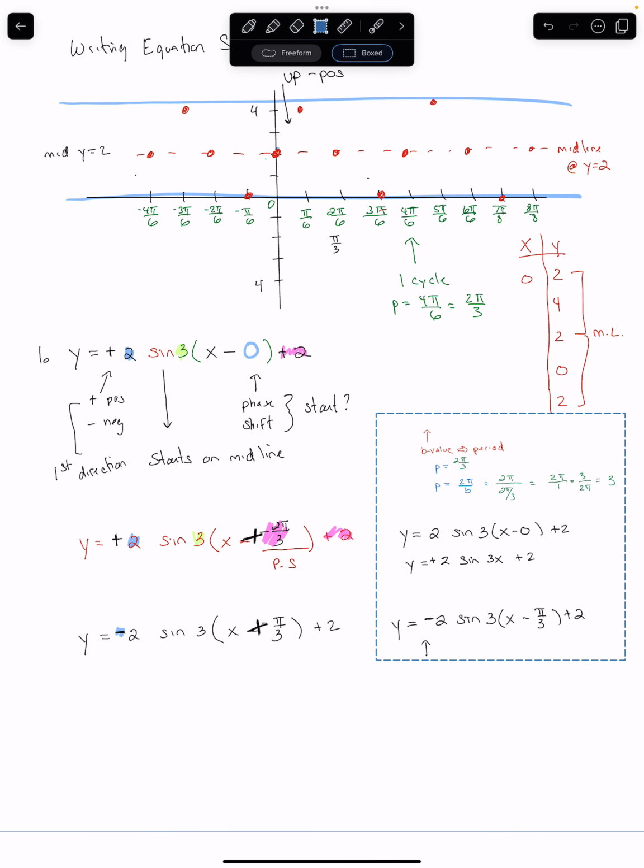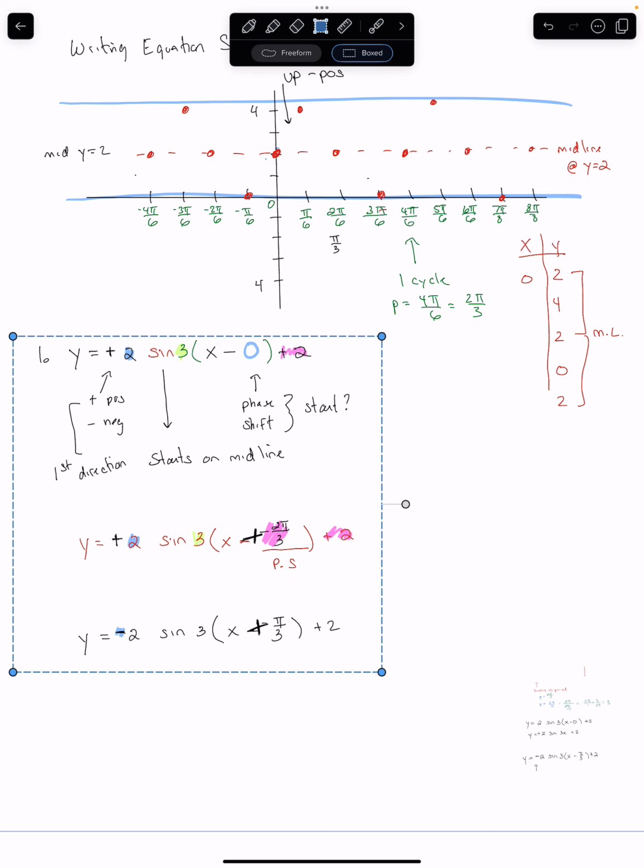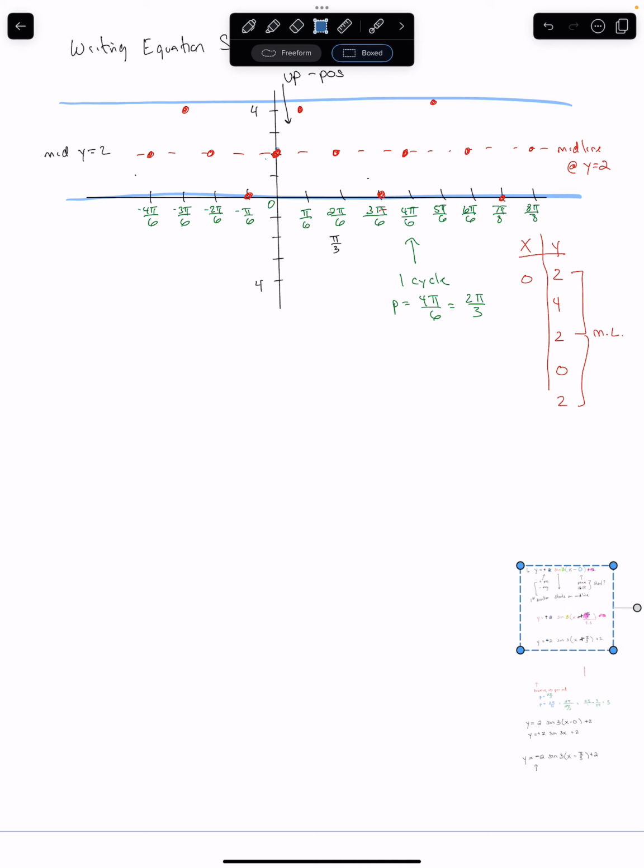I'm going to shrink this down a little bit. Y equals cosine, my b value, x minus my phase shift plus my midline.